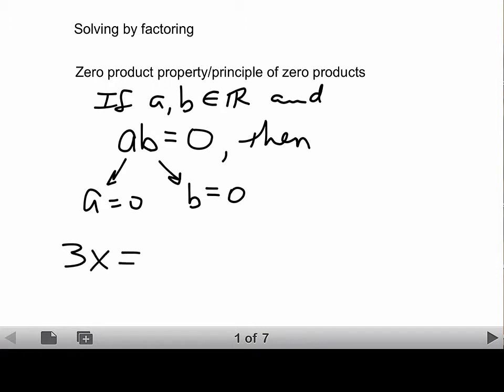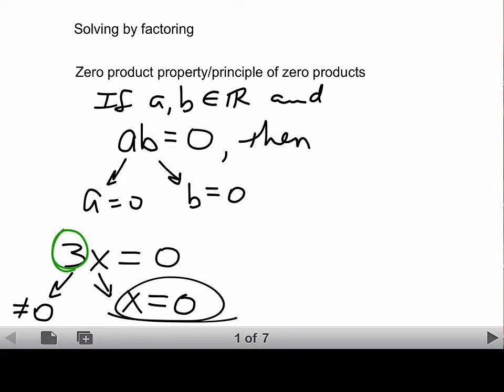Looking at something like 3x is equal to 0, well, we wouldn't say that 3 is 0 because 3 is 3. We could say that x is equal to 0, and that's in fact the solution to this equation. You'd get that same solution if you had divided both sides by 3, but this is just a different way to look at it.